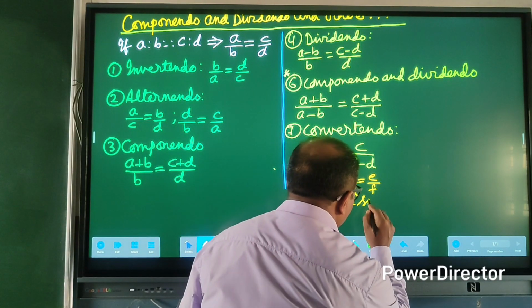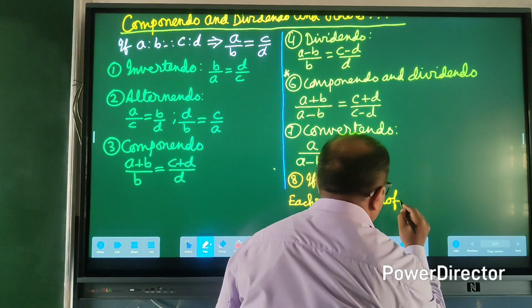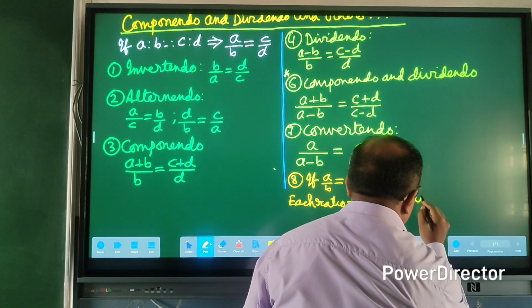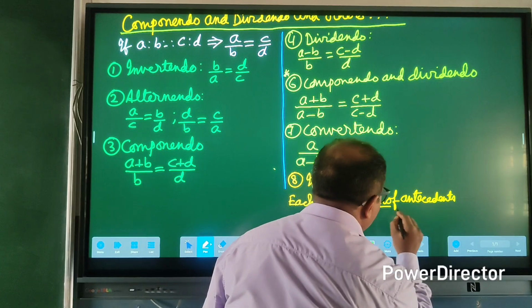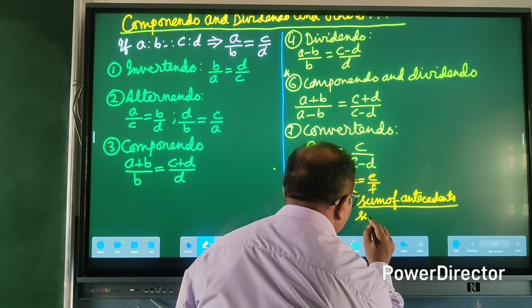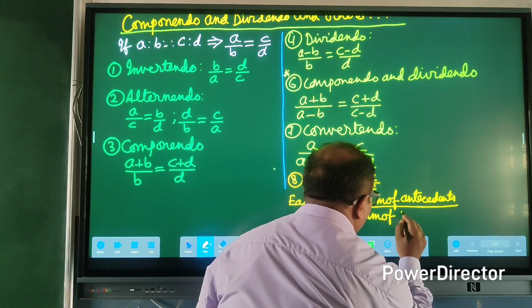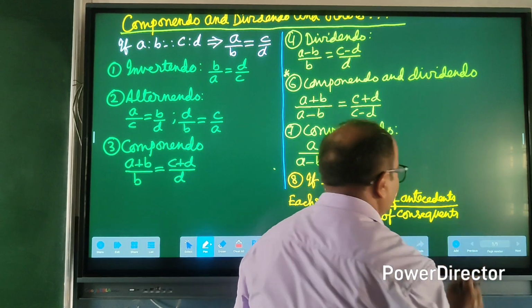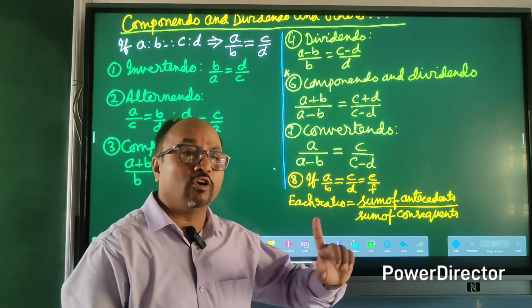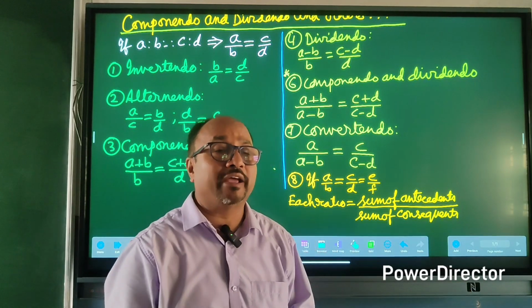So I write here sum of antecedents divided by sum of consequents.